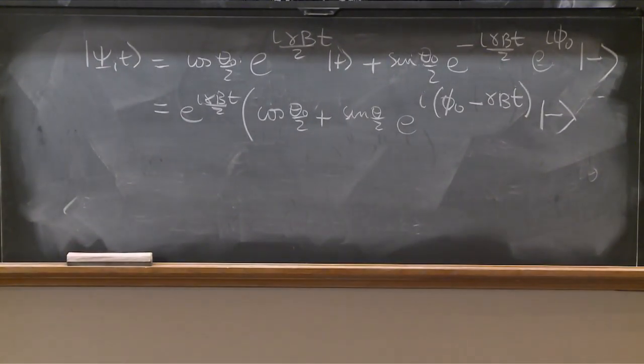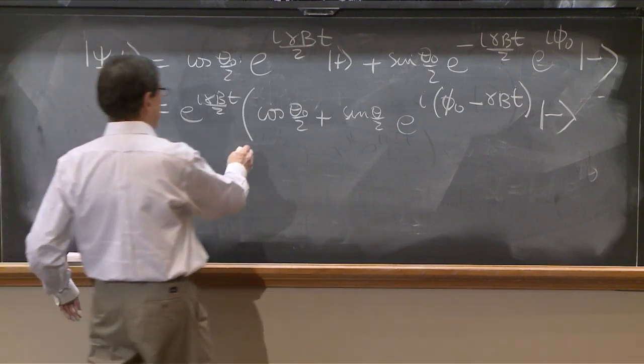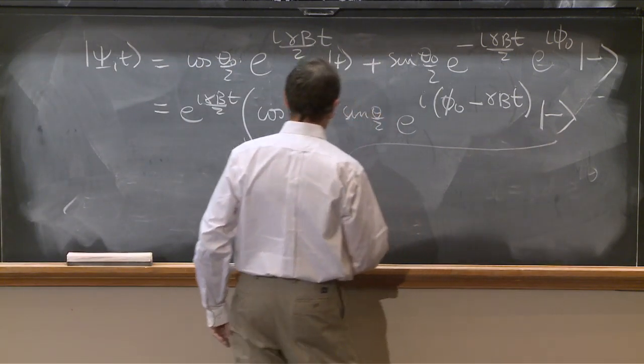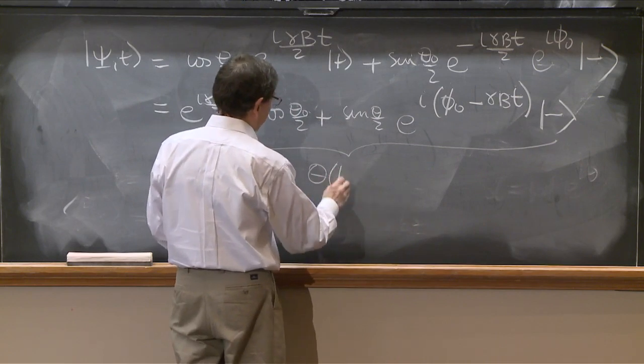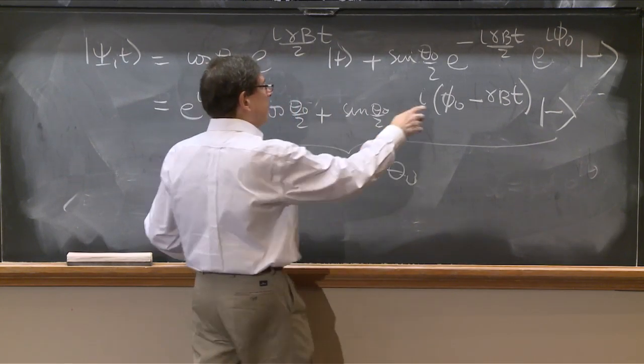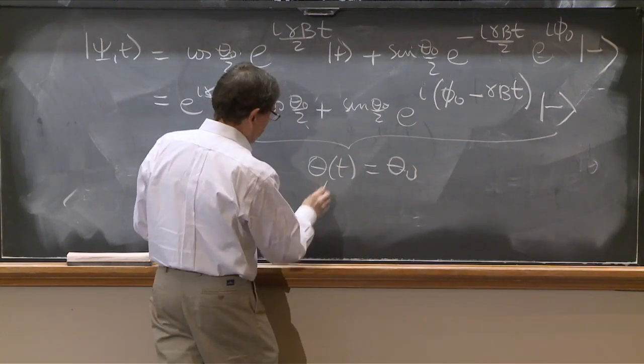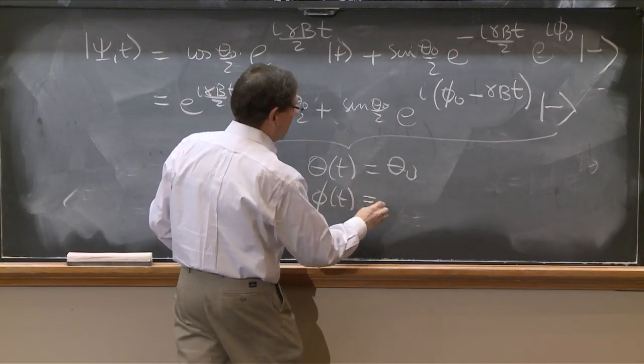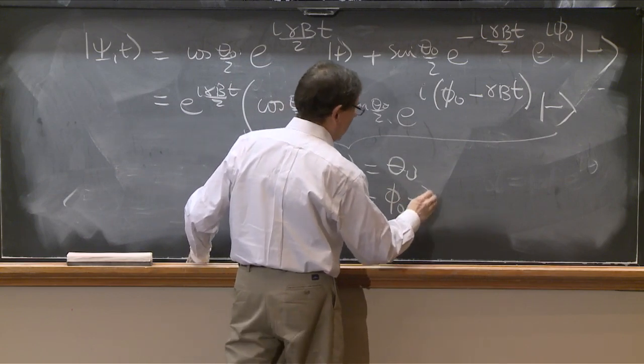So now you look at this state and you say, oh, I know what this is. This is a spin state that has theta as a function of time, just theta naught. But the angle phi as a function of time is phi naught minus gamma Bt.